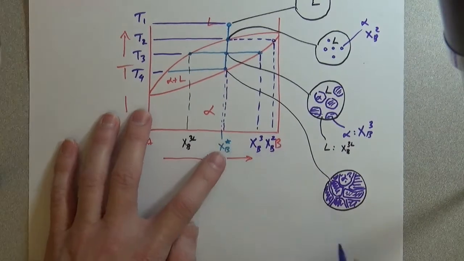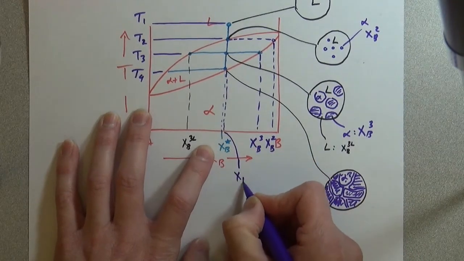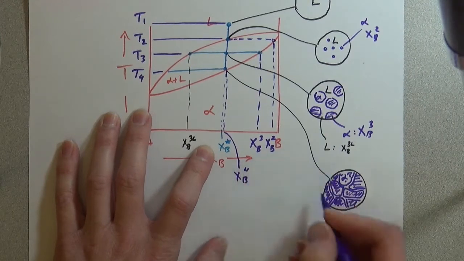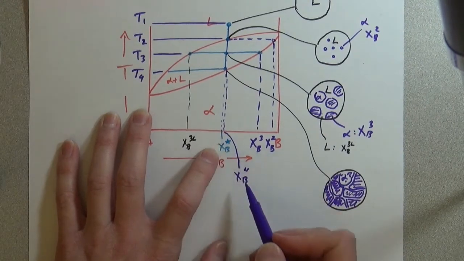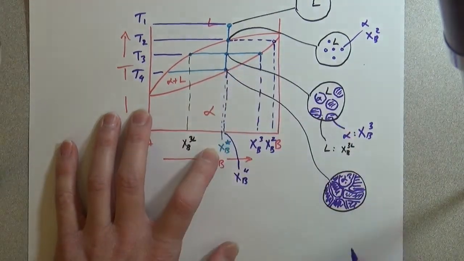The composition then is right here. So we have alpha, I'll call that XB4, which is really close to XB star, right? But not exactly there.